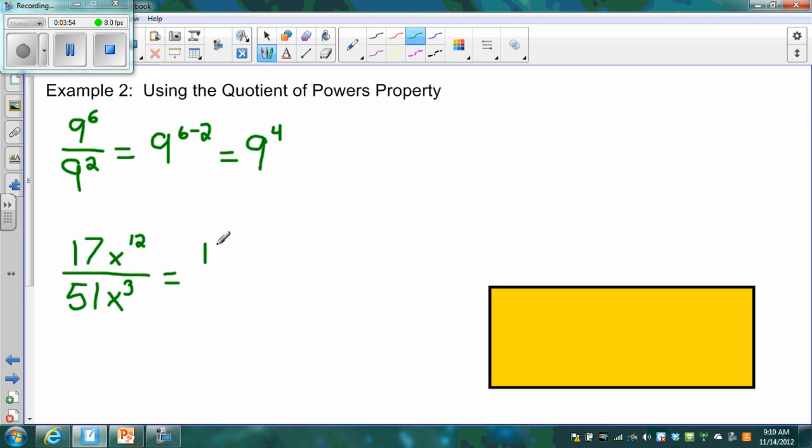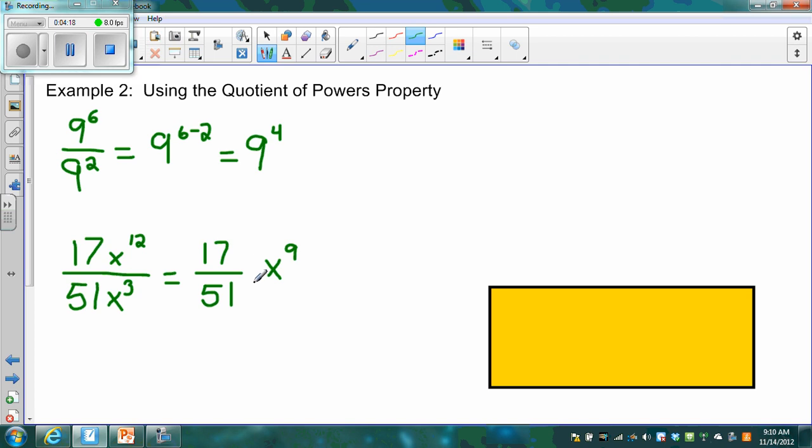First, let's not worry about the numbers yet. Let's keep them here. But x to the 12th divided by x to the 3rd is going to be equal to x to the 9th, because we've done 12 minus 3.